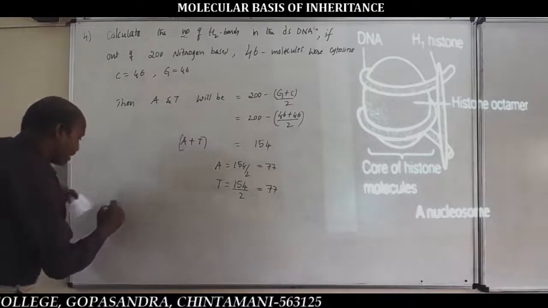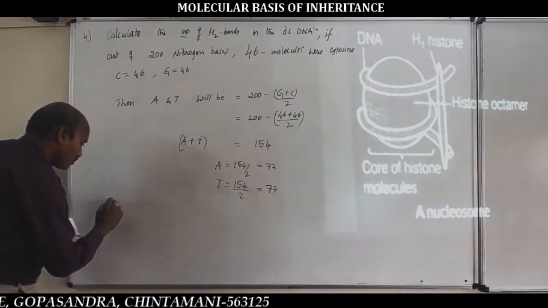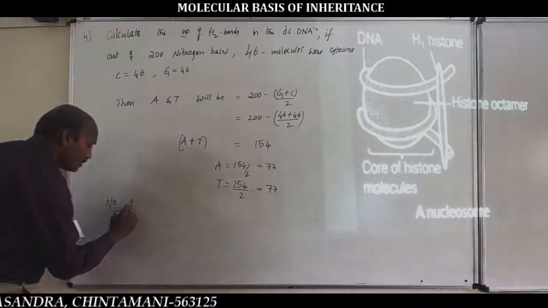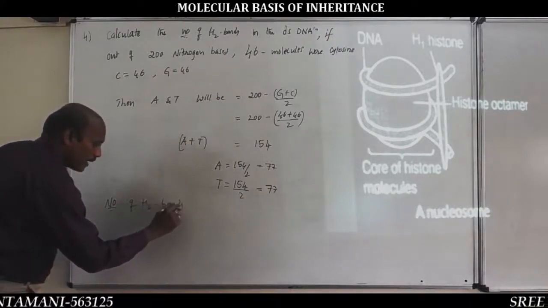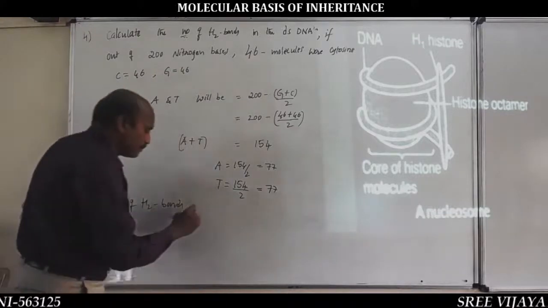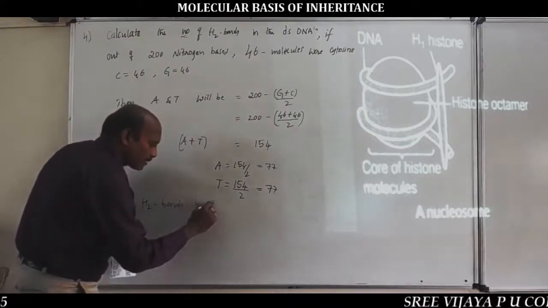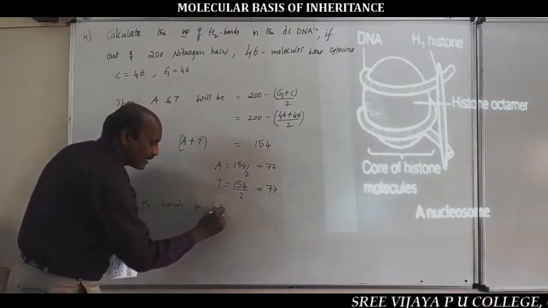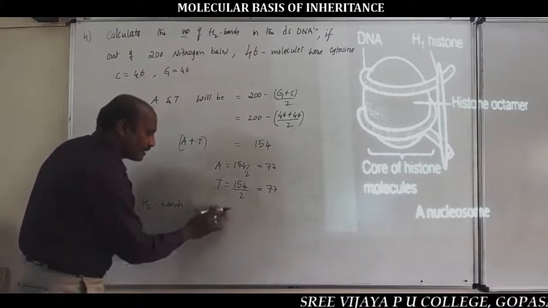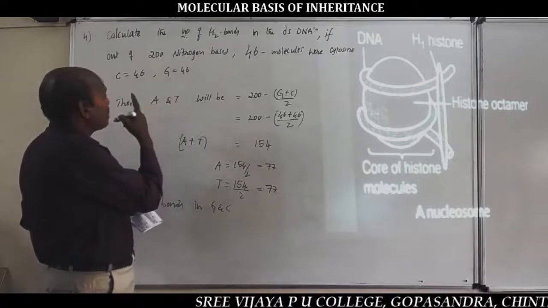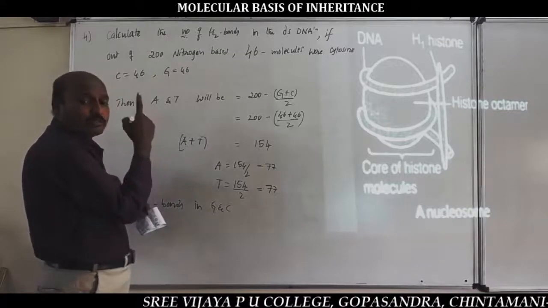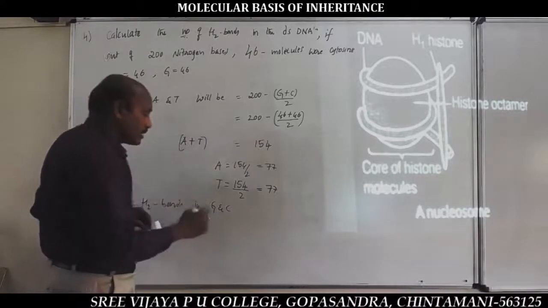Number of hydrogen bonds between G and C. G value is 46, so C value is also 46.